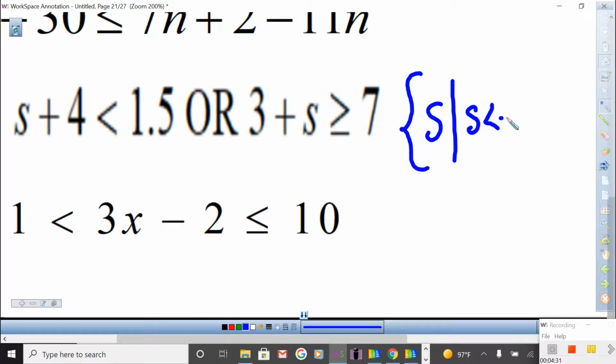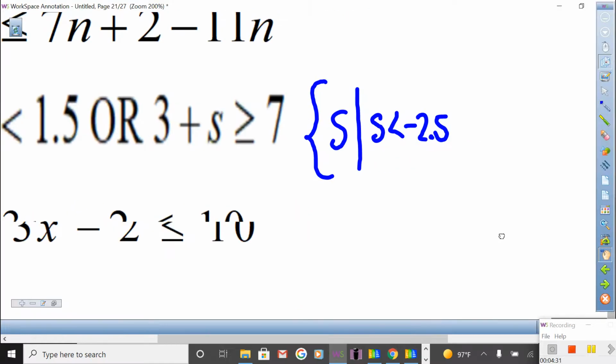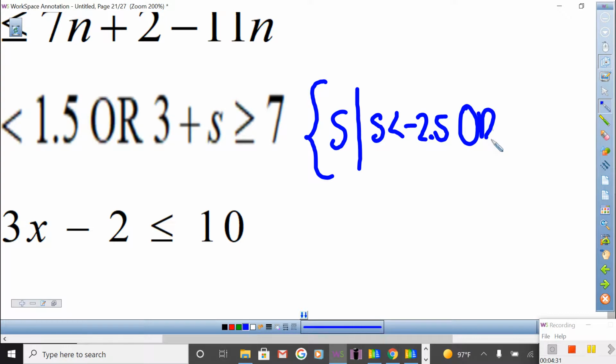Less than negative 2.5, yes. Okay, hold on. Then we need to write or, and then x is what? Greater than or equal to 4. Hands up if you got something like that? Yeah. And what do you notice on the graph? The graphs are going in opposite directions. Yes? Yes, Mr. Q. All right, good.